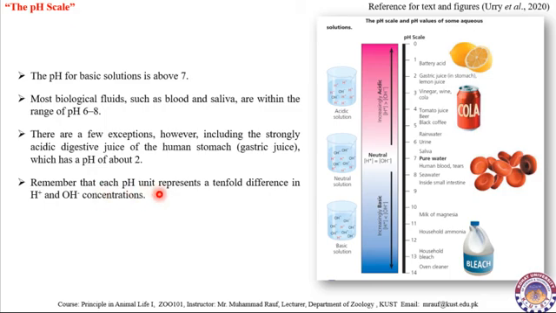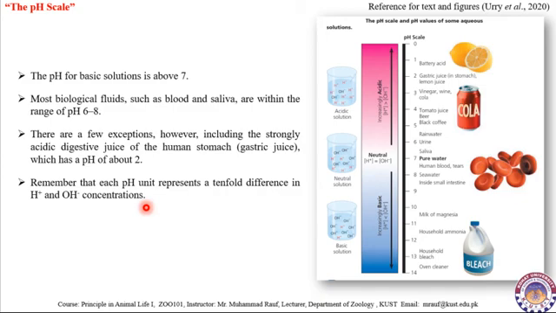Remember that each pH unit represents a tenfold change in hydrogen and hydroxyl ion concentration. So if the pH is 3 and it drops to 2, then there will be a tenfold increase in the concentration of hydrogen ions.